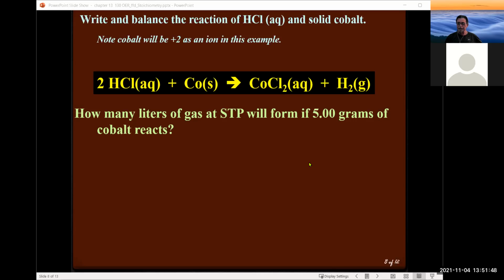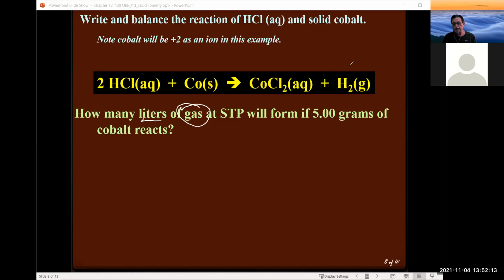So here's the question. Okay, so how many liters of gas at STP will form if 5 grams of cobalt react? Okay, and it's kind of tricky if you think about it. It shouldn't be, but they're saying gas, right? How many liters of gas? Well, you know the products. One's aqueous, is soluble.